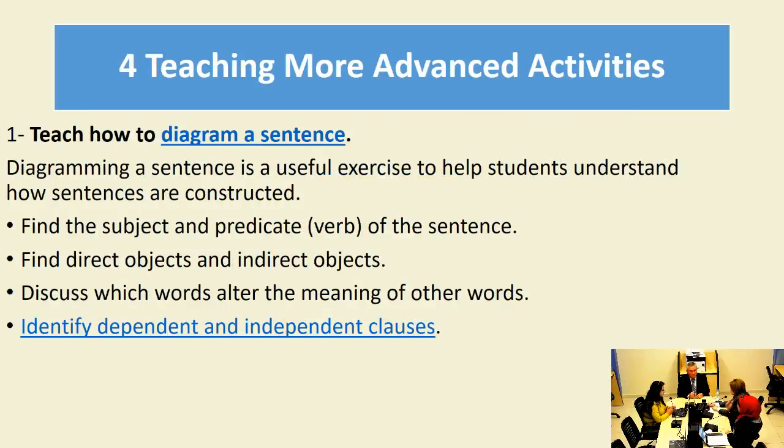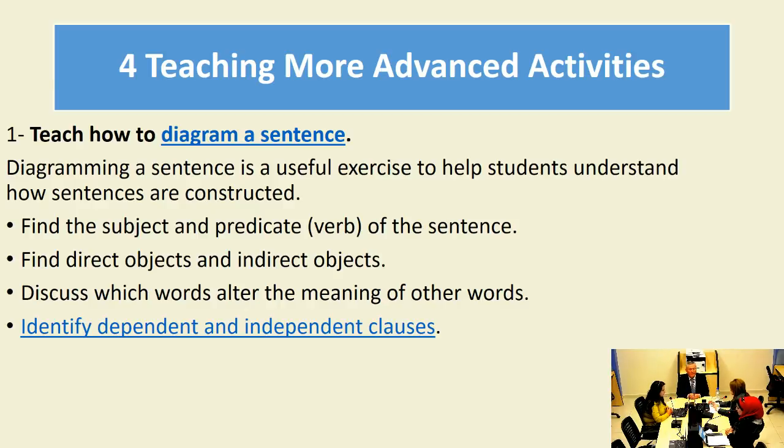Yes. Next, Mr. Nassour, Ms. Sana. Yes, after we finished with the basics, we need to go to more advanced activities. Now, how to teach diagramming a sentence. Yes, diagramming a sentence is useful. We mean by diagramming saying the subject, the verb, the object, and so on. The order.